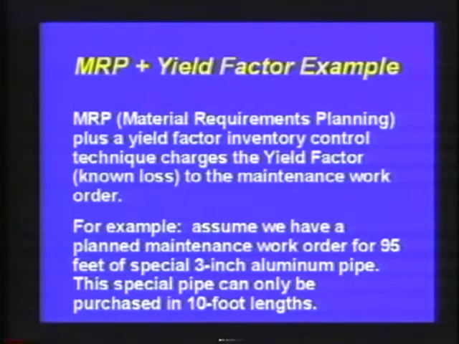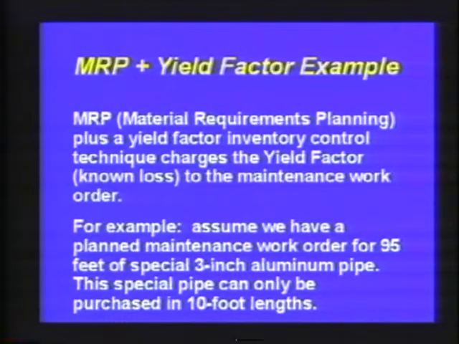And these pages from 11 to 11I should be used as training aids, as all of the pages in the seminar should be used as training aids, but these should be training aids relative to how the formula is actually used. Now, starting off on page number 11, we're looking at the MRP plus the yield factor.